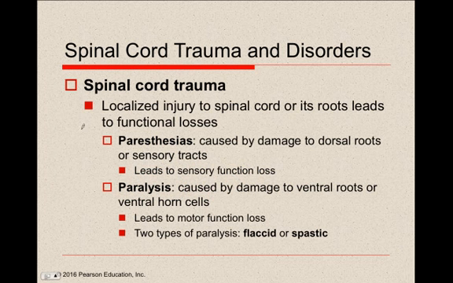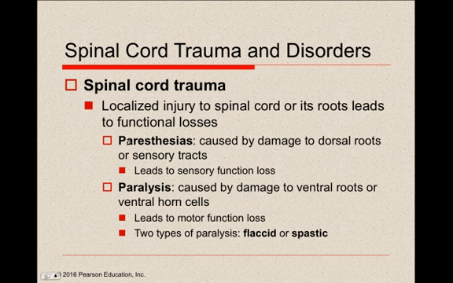So just some interesting things before we get into reflexes. Spinal cord trauma and disorders. We can have localized injury to the spinal cord, or to the spinal cord roots, and that can lead to certain functional losses. So we'll talk about these different types of losses.